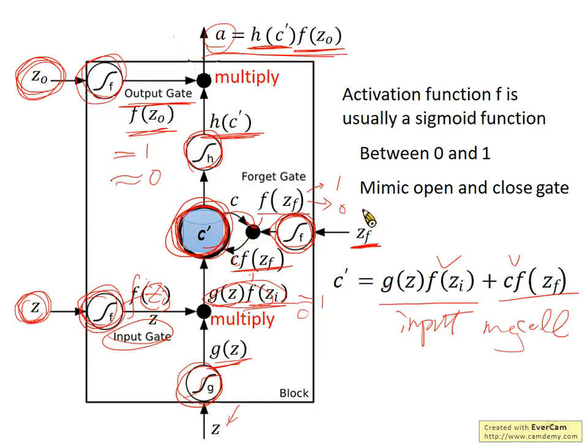So this is the whole LSTM neuron. The activation function f is usually a sigmoid function, so its output is some value between 0 and 1. It is used to mimic an open or closed gate. So this is the whole logic of LSTM.